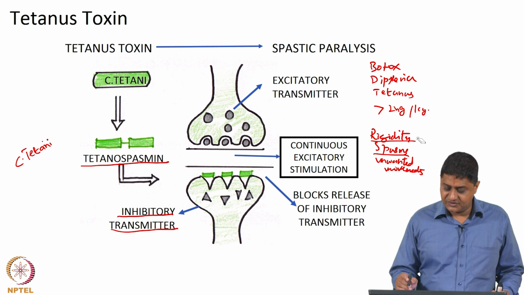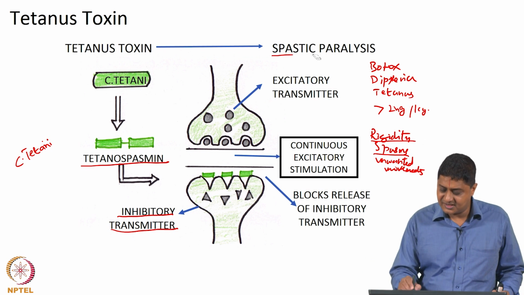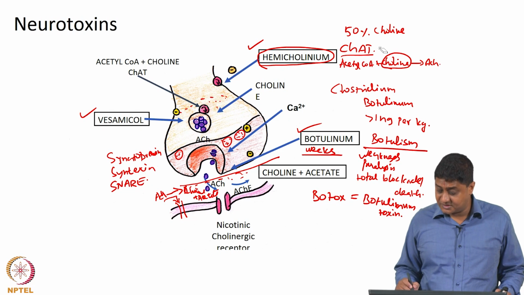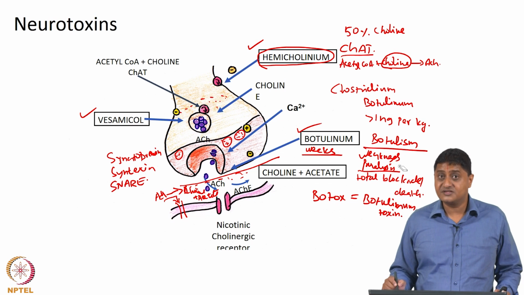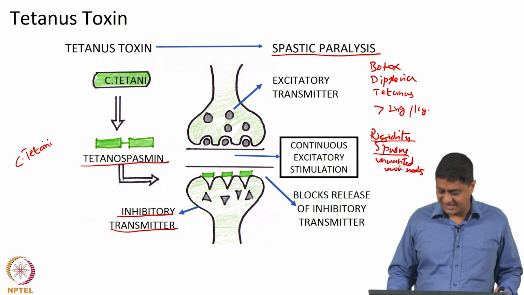So, this leads to a spasm or spastic paralysis. Let us remember what happens in the case of Botox, right. It causes flaccid paralysis, whereas tetanus toxin or tetanospasmin actually causes spastic paralysis.